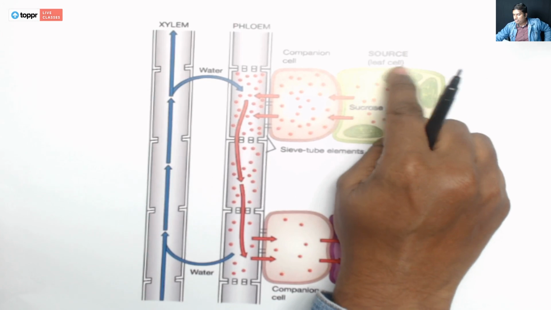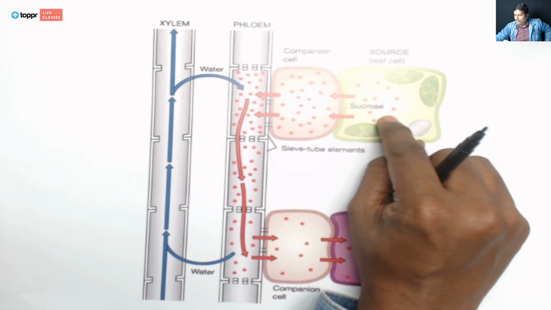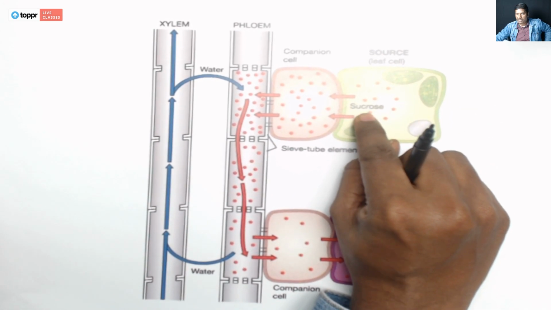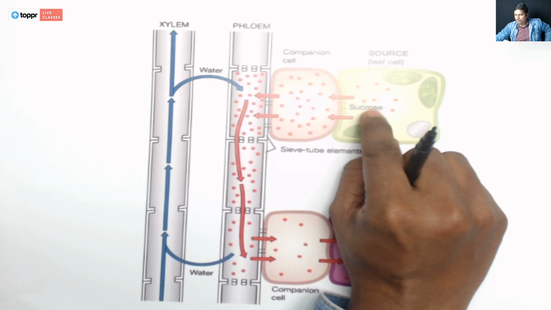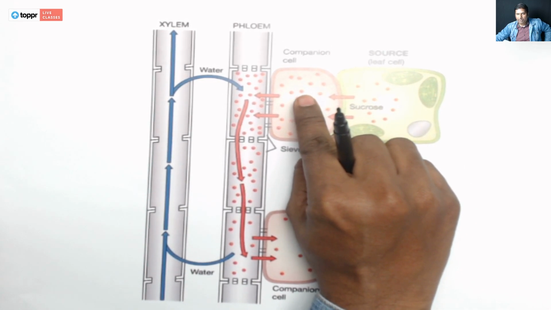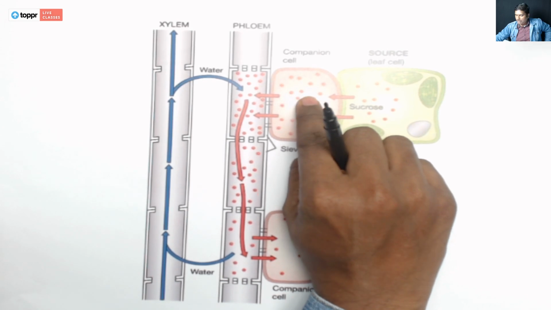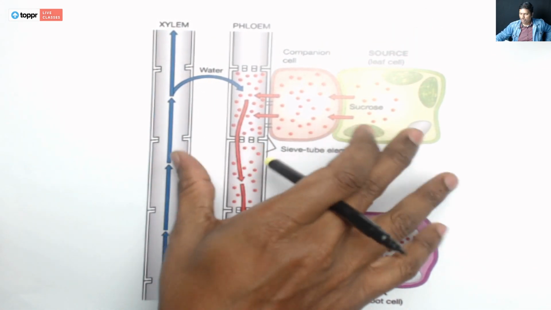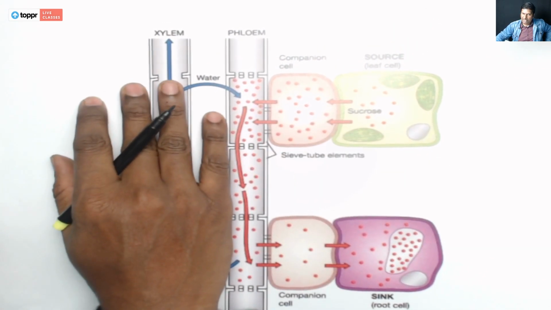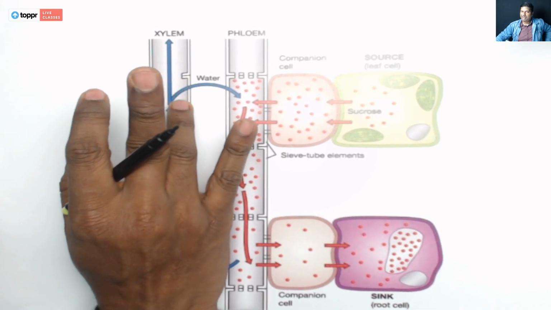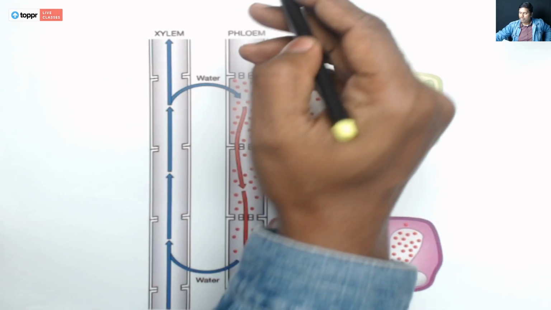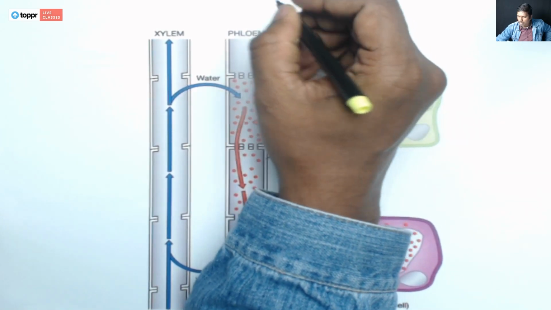Okay, so this is your mesophyll cell, the leaf cell, where your sucrose is formed. Now the sucrose from here will move into the companion cell. Companion cell is a part of phloem tissue. I told you about xylem tissue, the various components. I haven't discussed phloem tissue since we didn't have time, but let me just tell you briefly. Phloem has two things.